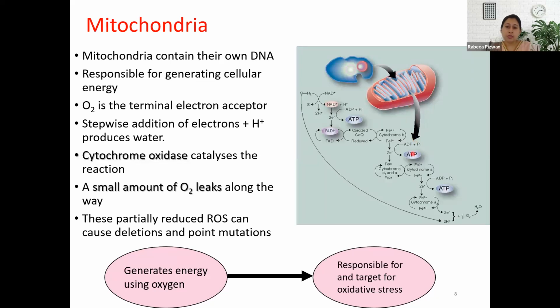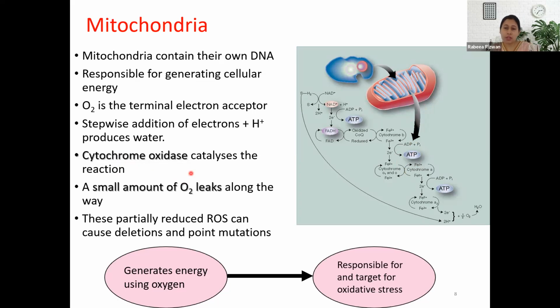And here is one more example given in this picture, during the process of ATP production. While producing ATP, mitochondria also contain an enzyme called cytochrome oxidase. It also plays a role in producing reactive oxygen species. How?